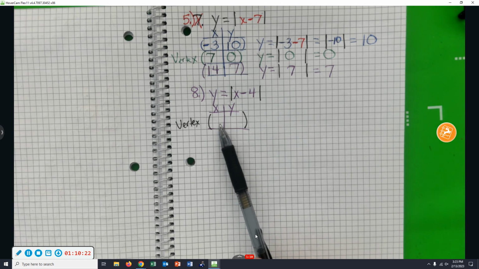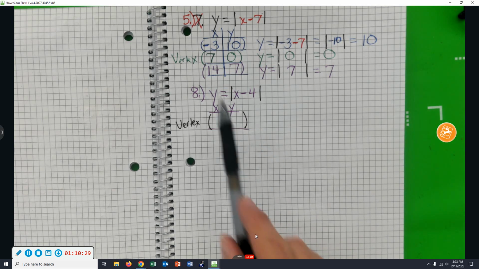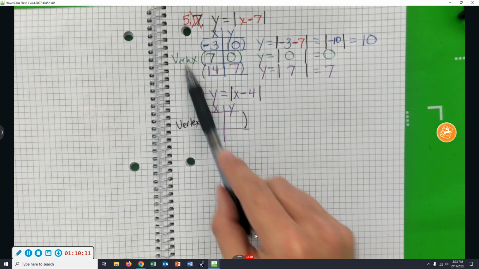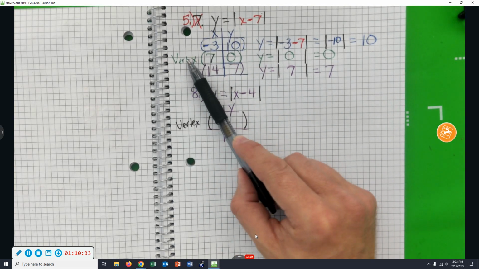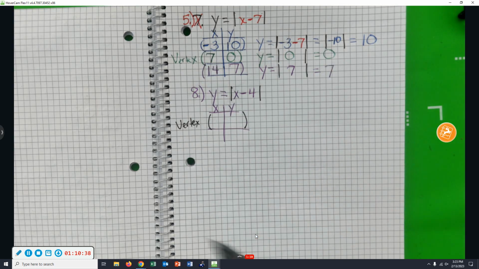I'm going to find the vertex first because that's the first point I've got to plot. Instructions will say plot the vertex. I'm not going to write out three ordered pairs like right here. In order to use that tool, all you need is the vertex and any other number.